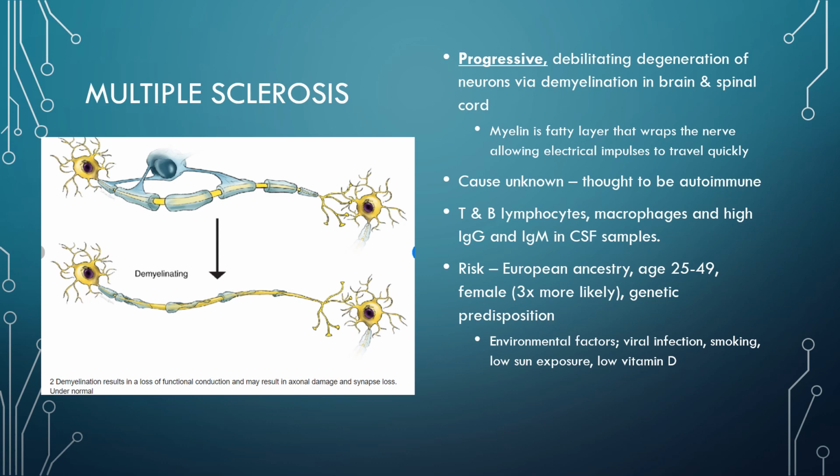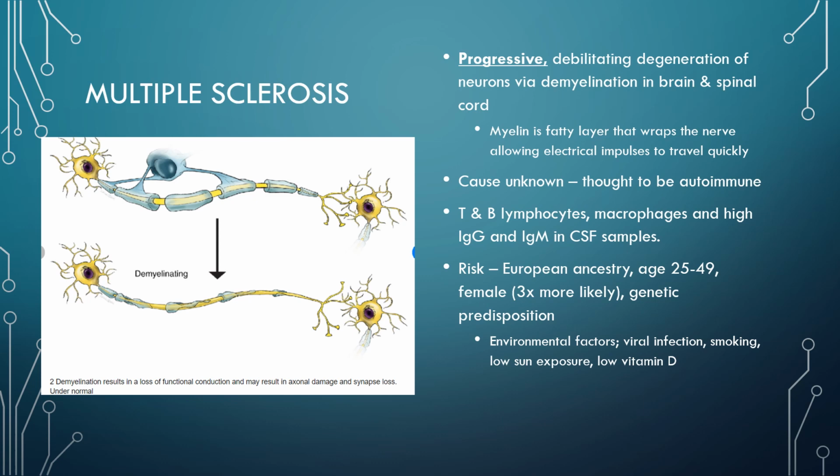Risk factors: European ancestry. Usually these patients are quite young, more likely to be female, and have a genetic predisposition. So if it runs in the family, if you have any family members that have had it, that puts you at risk also. And then they're finding some other environmental factors that may kick off that autoimmune reaction.